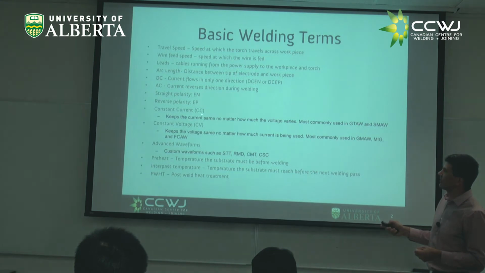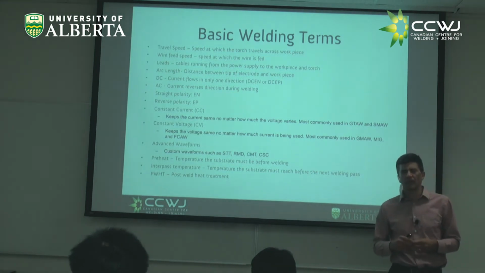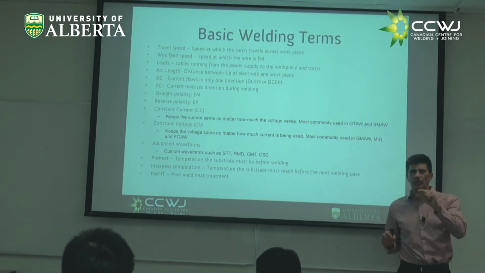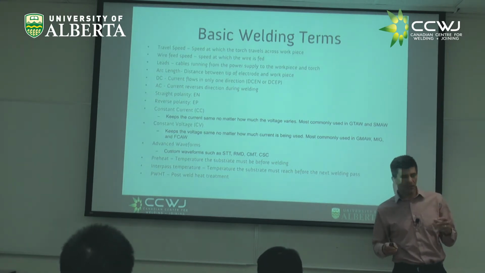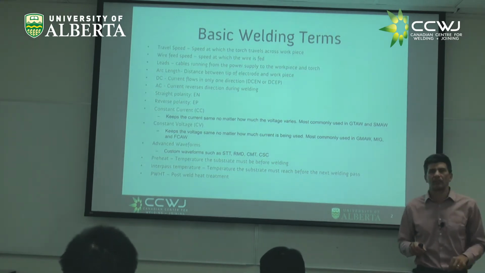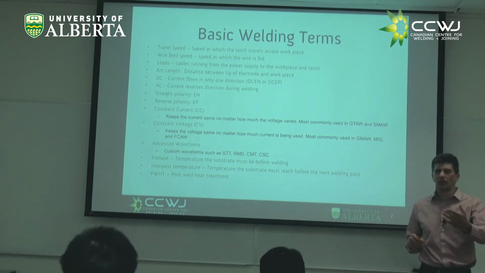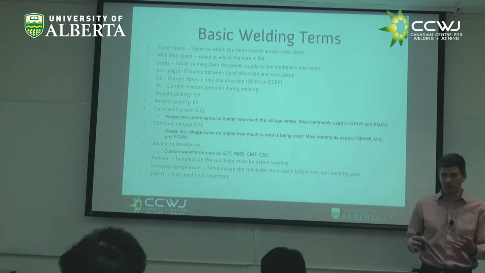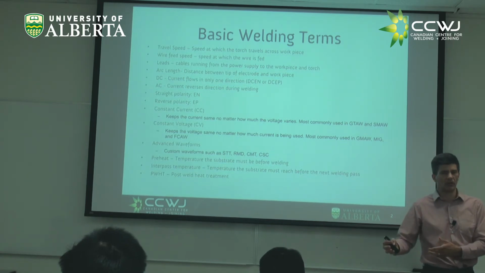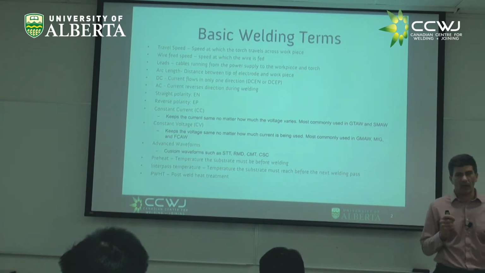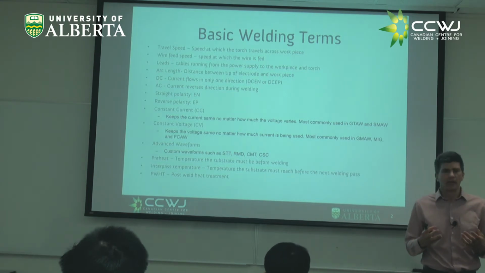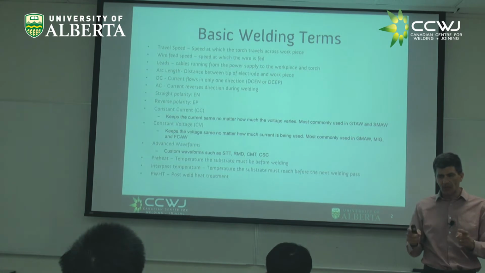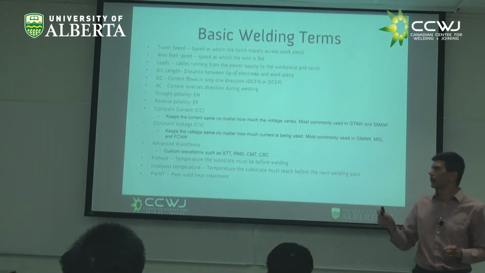When you run a process, and I understand you guys probably have precious little electrical engineering background, but some things you would know. For example, you put a current, and if you have a load, it's going to give you a voltage. Or you put a voltage, and if you have a load, it's going to determine the current. So welding is a load, and the machines you have can run either by giving a voltage and whatever be the current, right?